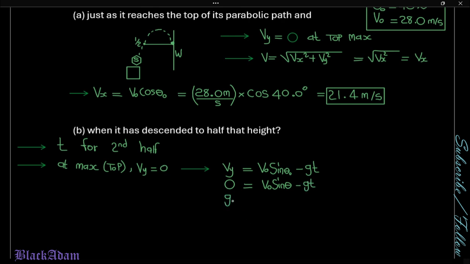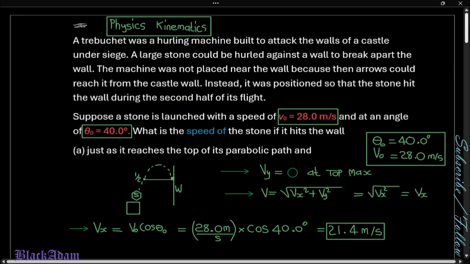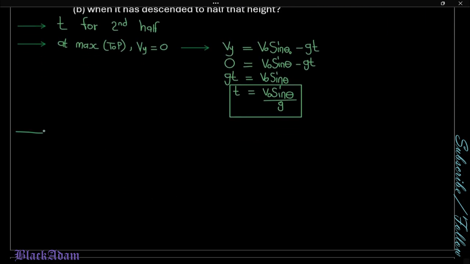Then gt equals initial velocity times sine theta, and solving for t, we have t as v initial multiplied by sine theta divided by the gravitational acceleration g. So that's the equation for the time at max.